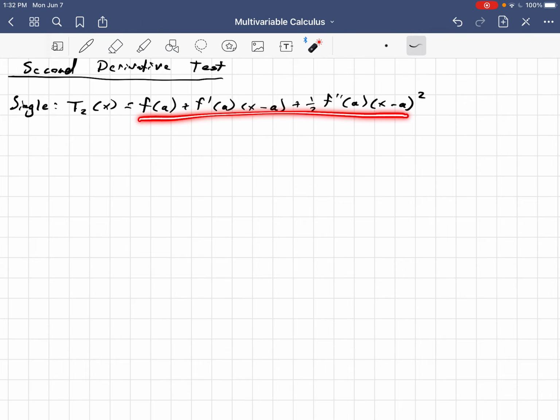All of this taken together is a quadratic approximation of f at the point A.